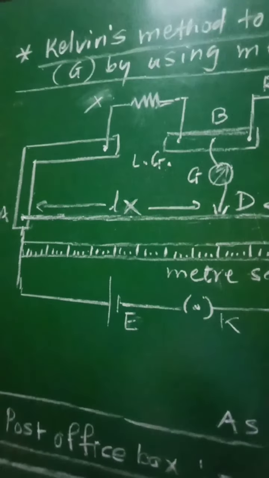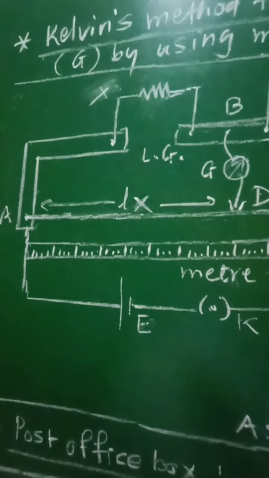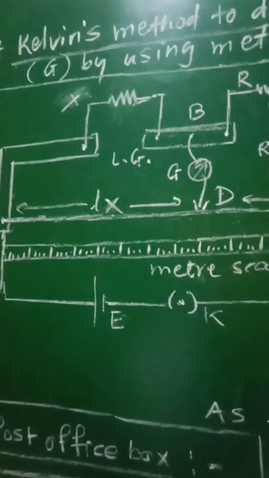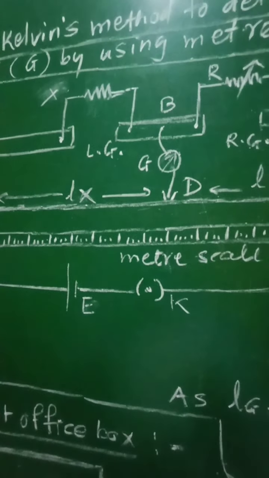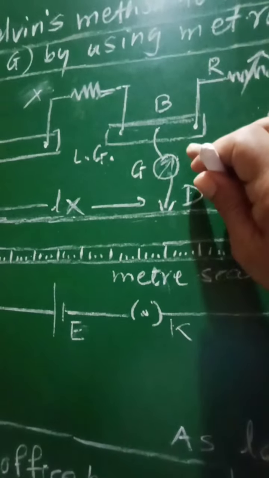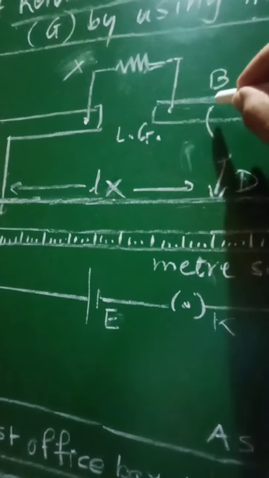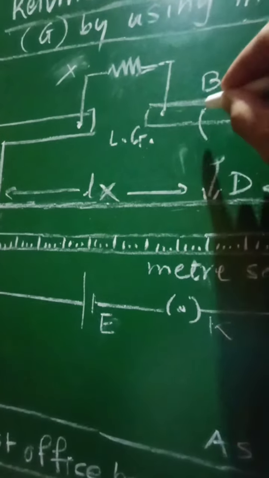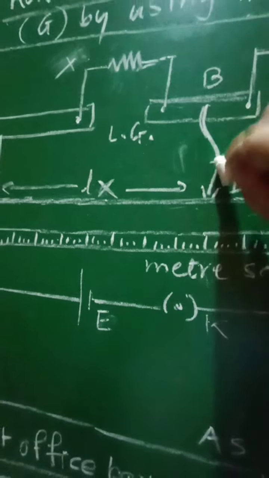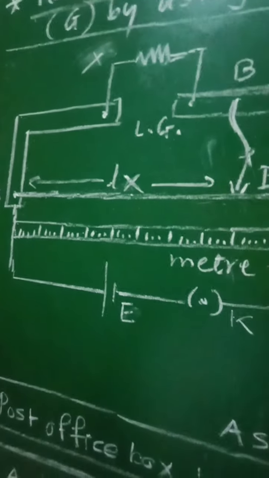So in the construction of this Kelvin's method for determination of the resistance of the galvanometer, this galvanometer is removed from this circuit, so that point B will be directly connected to the jockey.